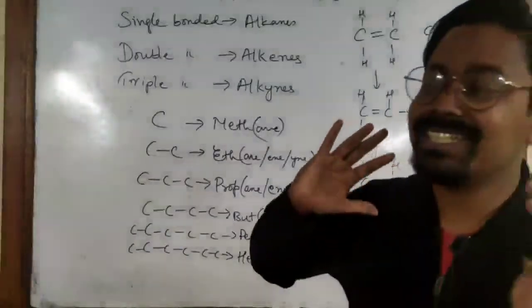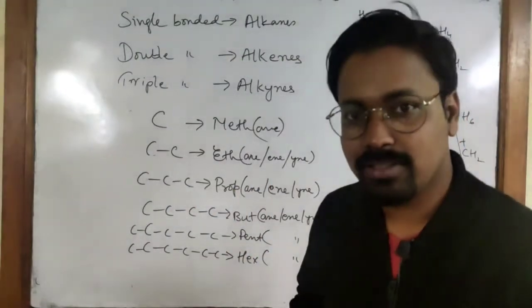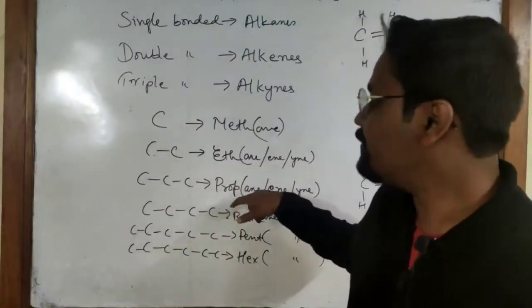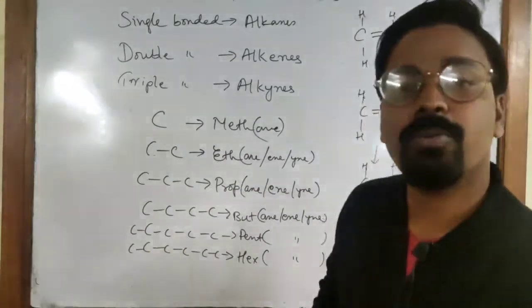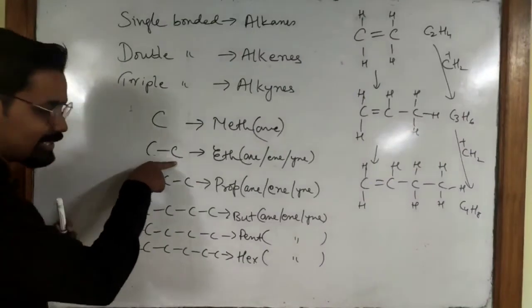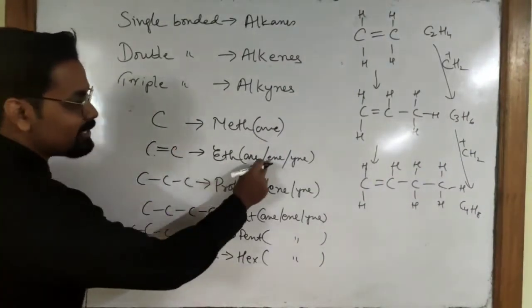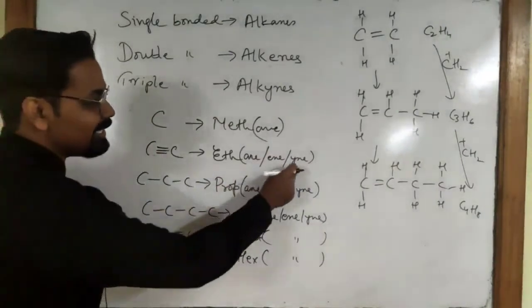Now, if it has all single bonds between carbon atoms, then it will be called ethane. Okay, look here. If it has a single bond like this, it will be called ethane, this one. If it is a double bond, it is ethene. If it is a triple bond, it is ethyne.